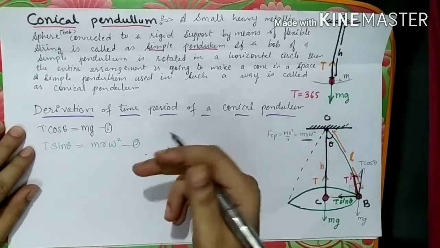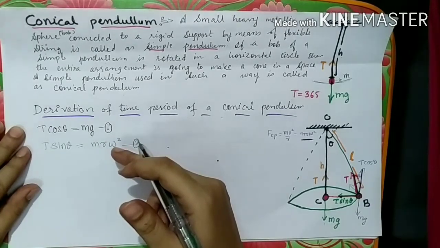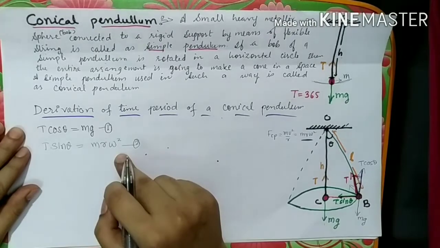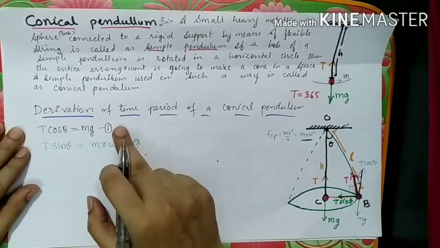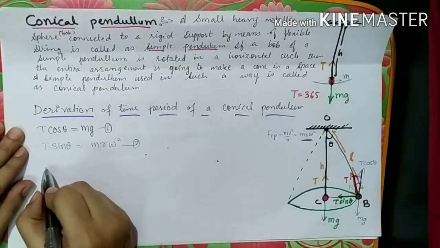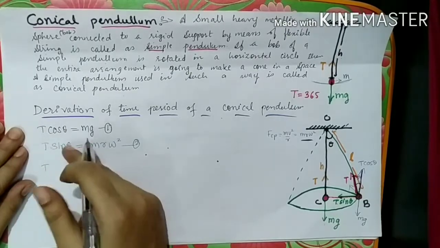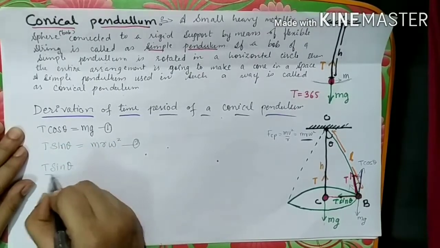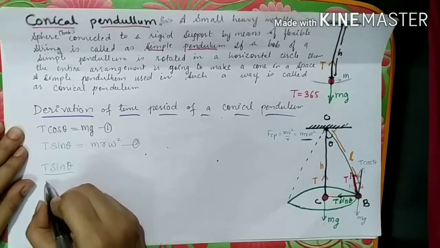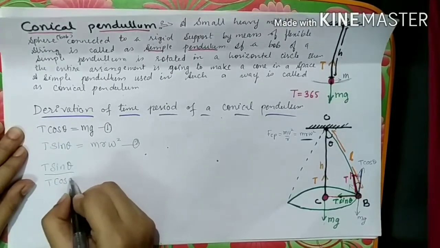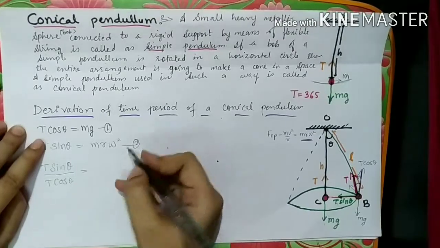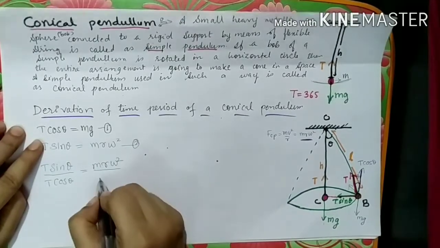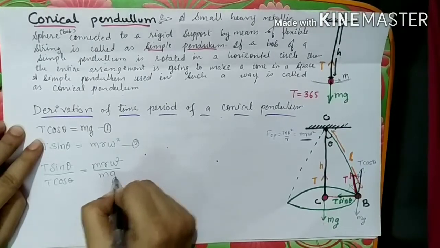Now again, by using the same analysis as that of the banking of roads, dividing equation 2 by equation 1, LHS will be divided separately and RHS will be divided separately. T sin theta upon T cos theta is equal to mr omega square upon mg.